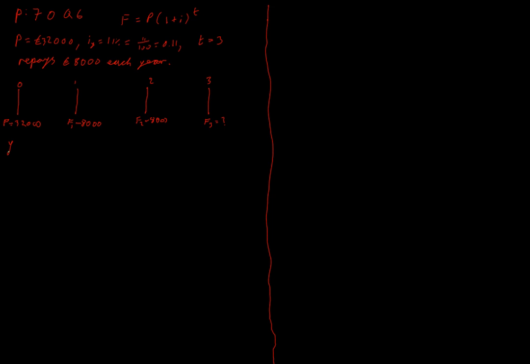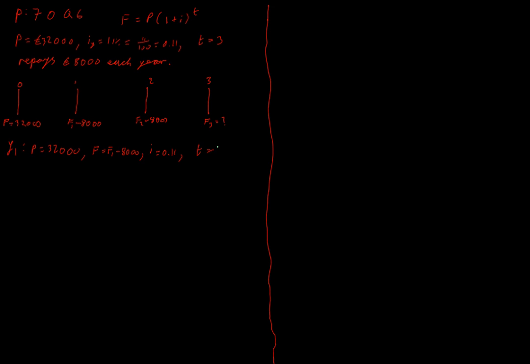Year 1. Our present value, 32,000. Final value is what we're looking for, and I'm going to say that it's F1 minus 8,000. And our interest rate we have worked out is 11%, which from our calculators we get is 0.11.